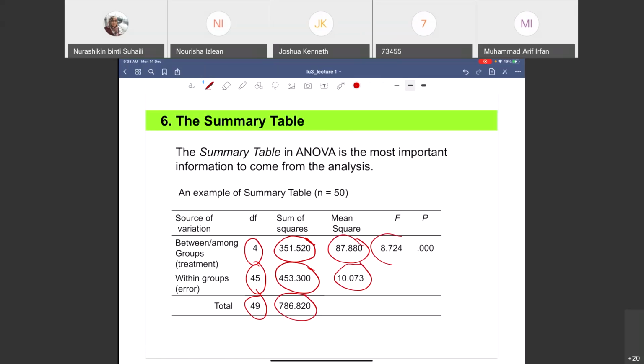Okay, but the basic structure of the table is you must have the sources of variation: between or among groups, this is actually samples. Yeah, samples and groups are the same. Then variation within the groups. So just now I mentioned that if you have 3 samples, A, B, and C, variation between the samples or groups is between these.